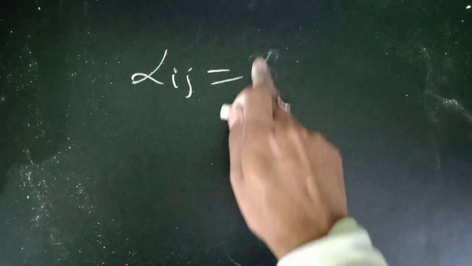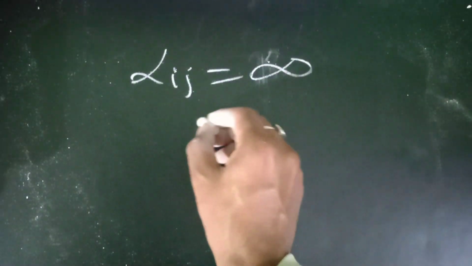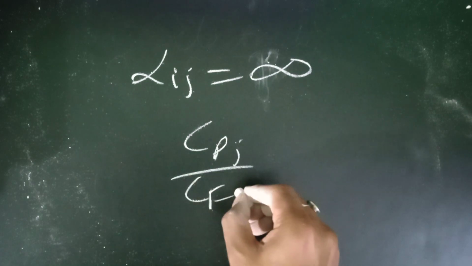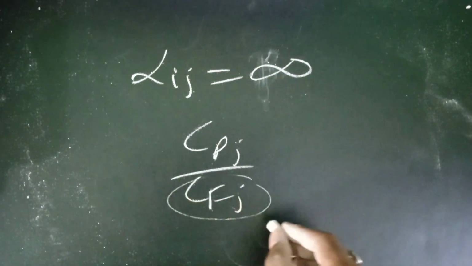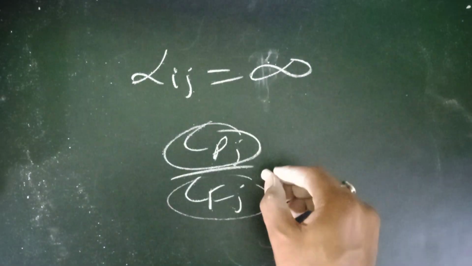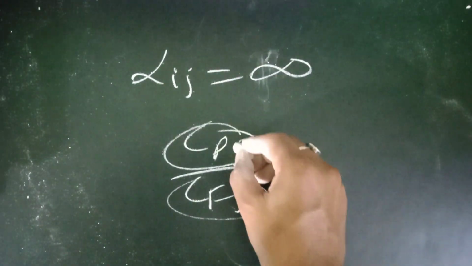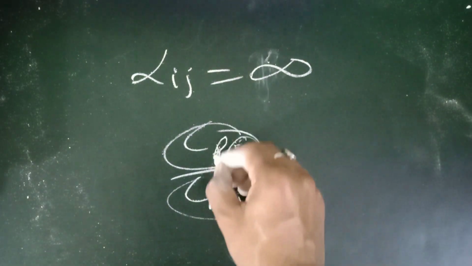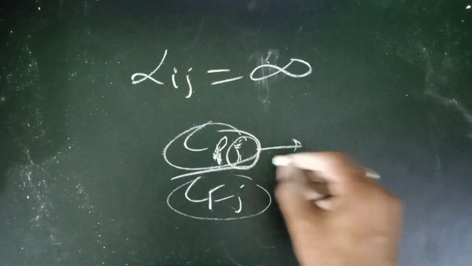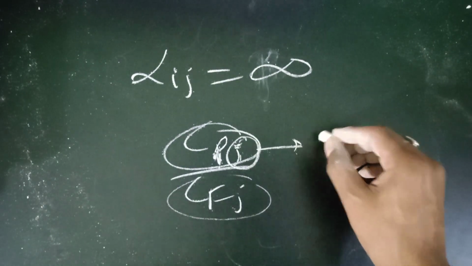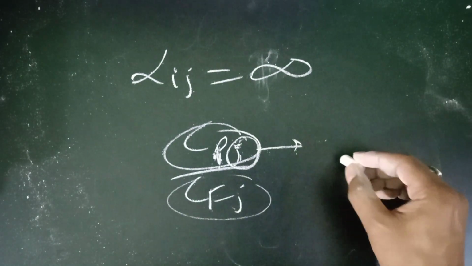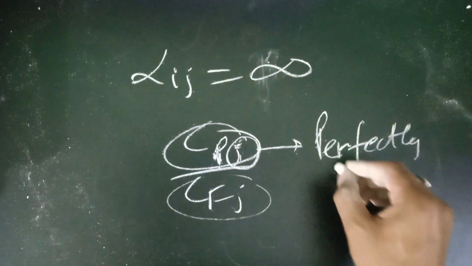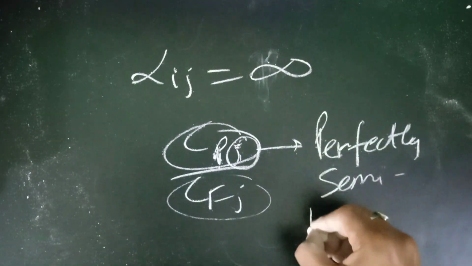If alpha ij is infinity, that means the denominator, Cpj upon Cfj, obviously Cfj won't be 0 but Cpj can be 0. This means that the J particle is not coming in the permeate, which means J is completely rejected, which indicates that we have a perfectly semi-permeable membrane.